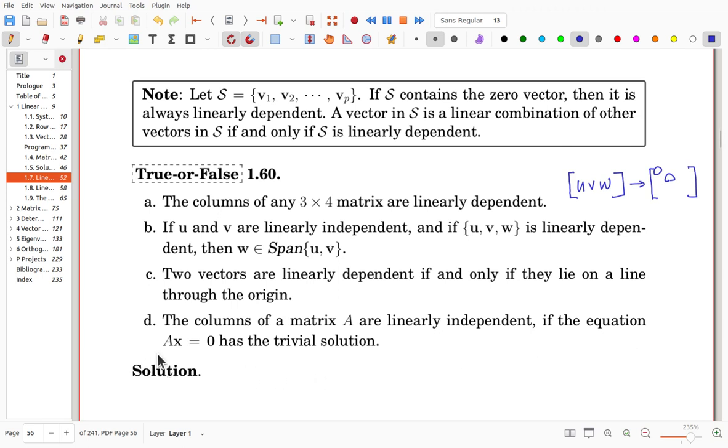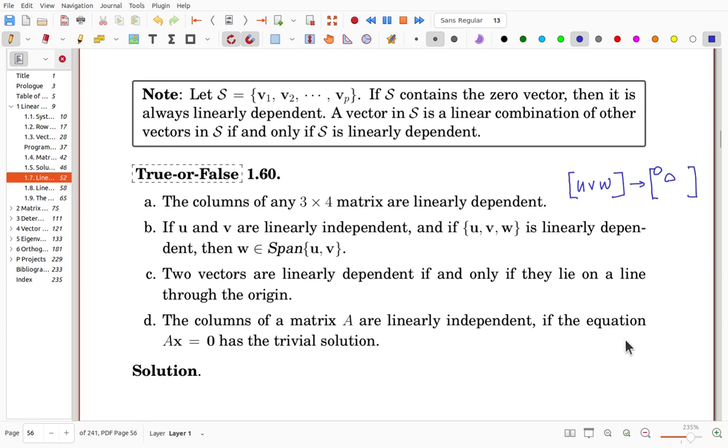So eventually, the whole statement is saying that the columns of matrix A are always linearly independent. So to make it true, you have to change this portion.